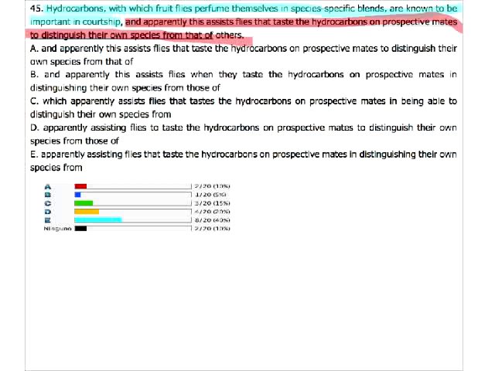Yeah, the red part is an explanation. Satish is correct. The red part is an explanation of the comment made in blue. The blue statement says that these are important in courtship.